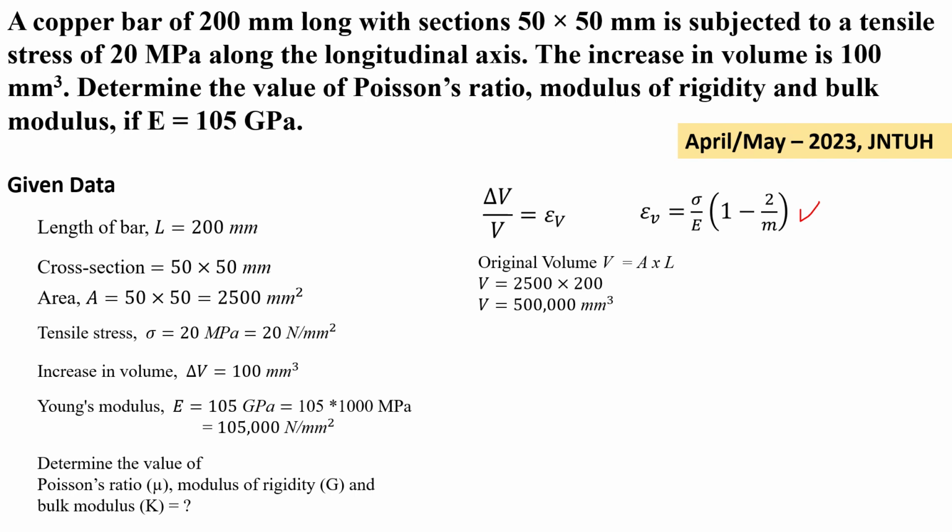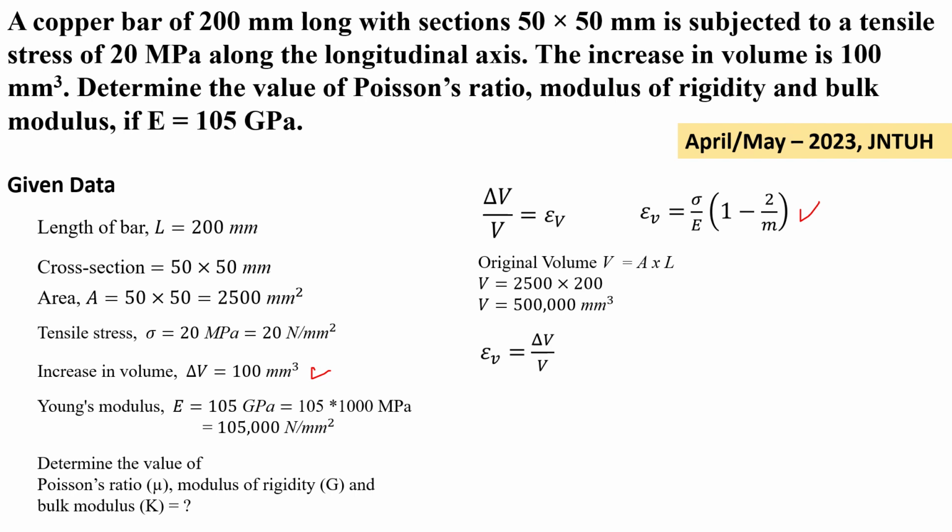V equals the cross sectional area into the length of the bar. The cross sectional area is 2500 and the length is 200, so the volume will become 500,000 mm cube. Then volumetric strain epsilon V equals delta V by V. In the data the increase in volume delta V is 100, and V we know, 500,000.